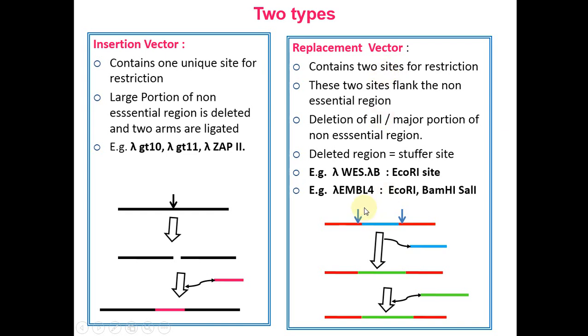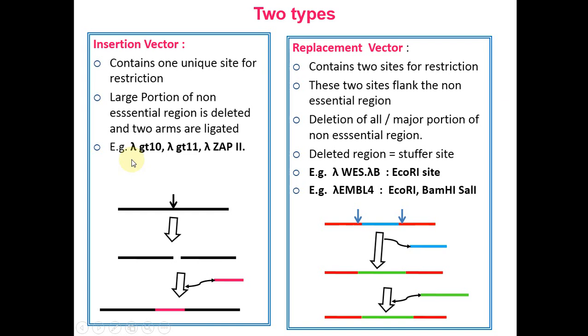Replacement vector consists of two sites for restriction enzymes. The major stuffer fragment, this larger segment, is deleted, and the gene of interest is attached in between here.